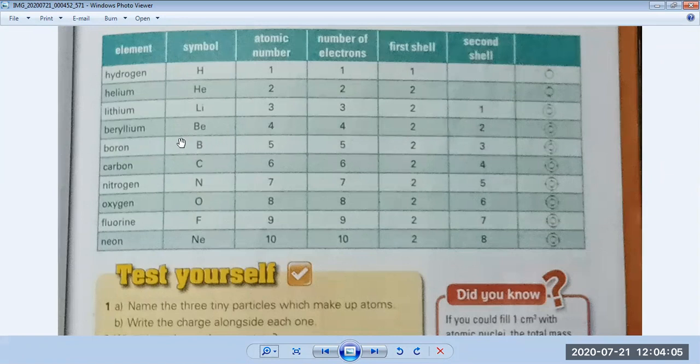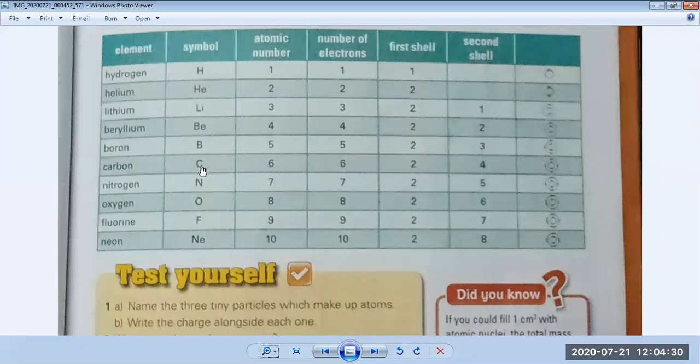Then we will discuss boron. Boron is an element and it is shown by capital B. Its atomic number is 5, so its electron number should be 5. And when we draw the structure, in the first shell, 2 electrons will come, and in the second shell, 3 electrons will come. Okay, so come to carbon, which we have discussed with the help of a diagram.